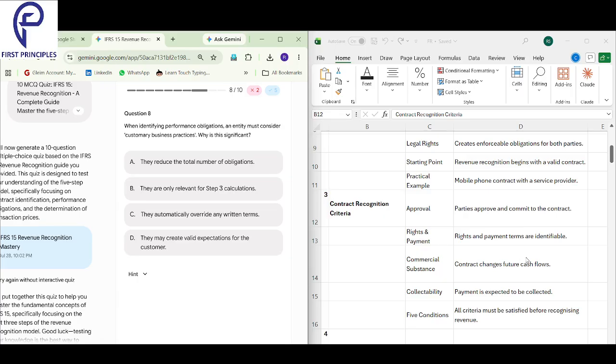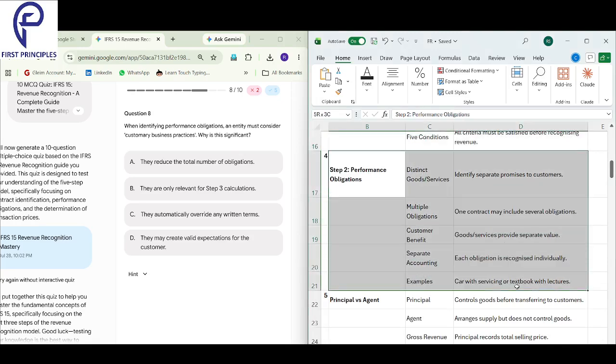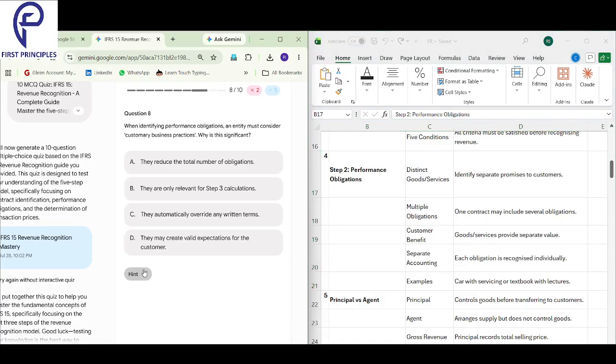Again, this is also performance obligation. This is step two. Yeah, which one?